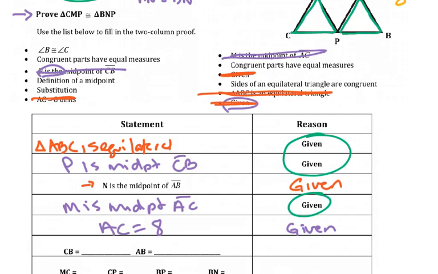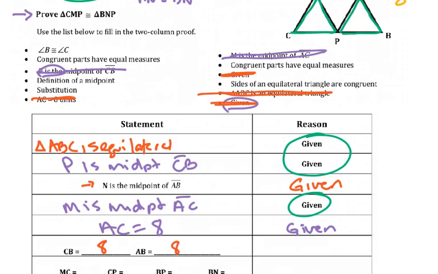All right, the next thing it says is CB is equal to. If it says equal to, then I'm looking for a number. CB is equal to, and there are no numbers to choose from. So what else could I write? That must mean I'm just going to use something I already have: 8 and 8.